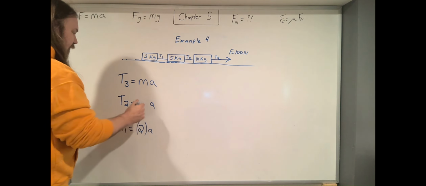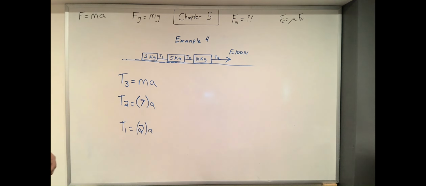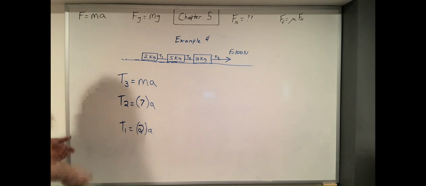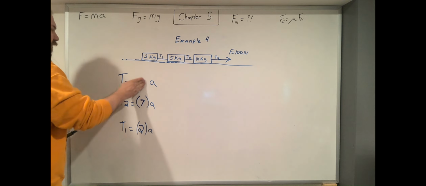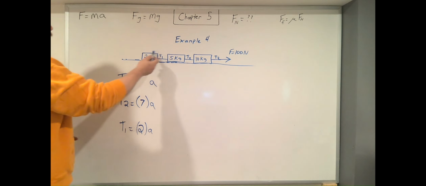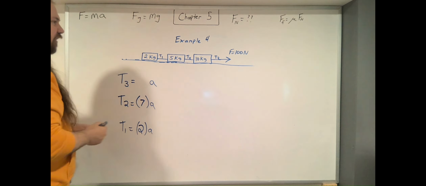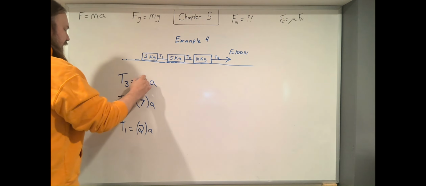So T2 is responsible for pulling 7 kilograms worth of mass. Hopefully you see where I'm going with this. For T3, all the way there at the very front, that has to pull everything, right? That pulling 10 kilograms, it's pulling 5 kilograms, it's pulling the 2 kilograms, it's connected to the entire chain, the whole chain has to move. So this gets 17.